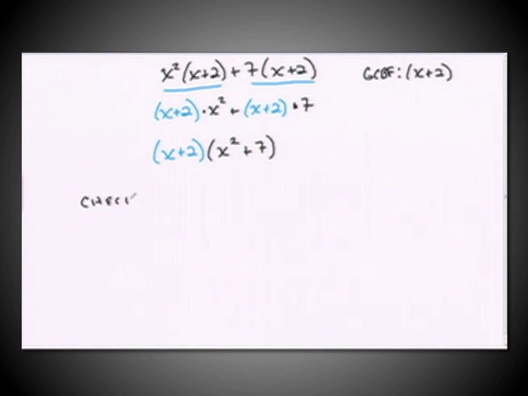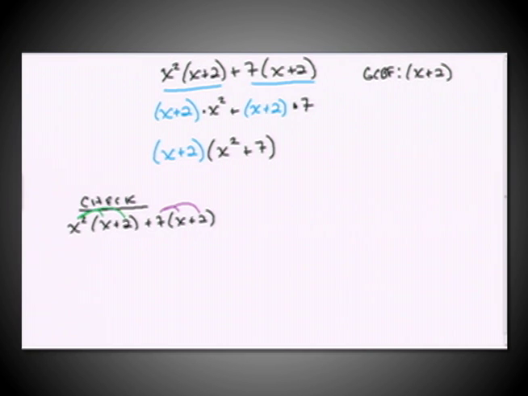So the first step in checking this is to multiply out our original polynomial. We're going to use this to compare to our factored form answer. So we're just going to distribute this x squared to both of those terms, and then we'll come back and distribute the 7 to the x and the 2.